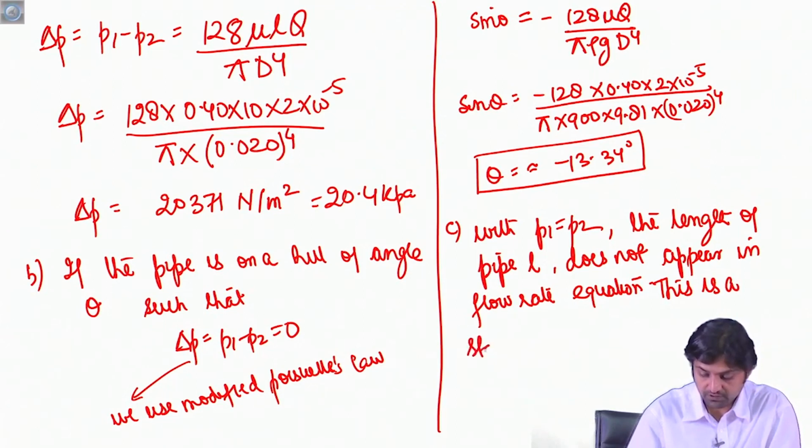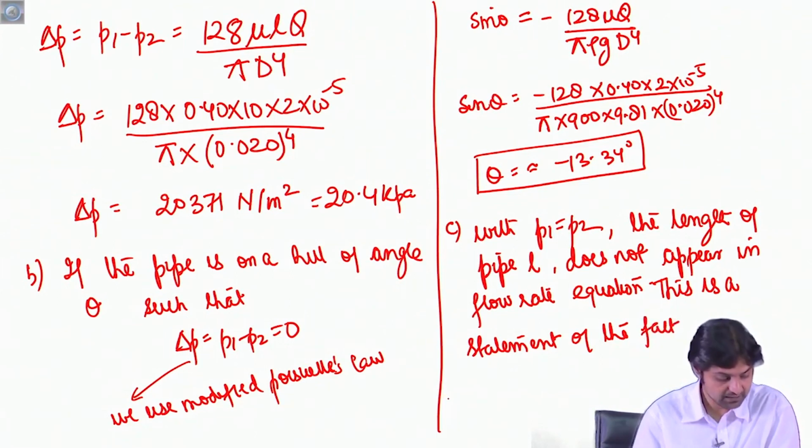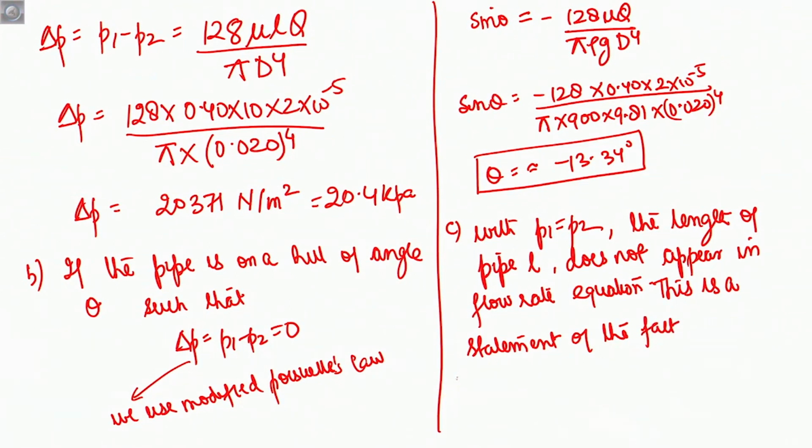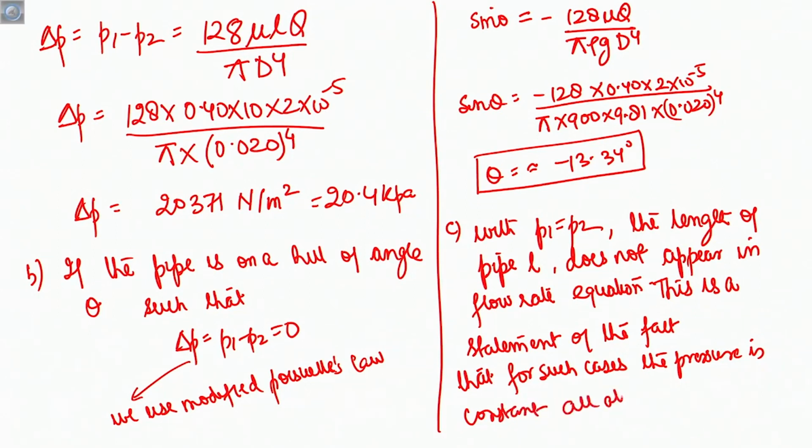So this is a statement of the fact that for such cases the pressure is all along the, see, for part B we said there was no pressure drop, right?